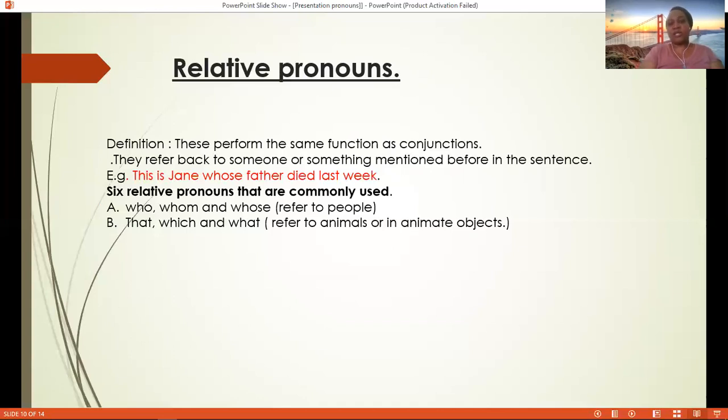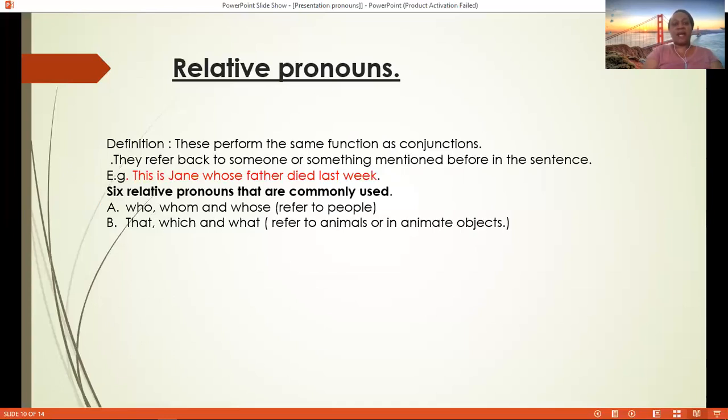Let's look at those which refer to people first. Who, whom, and whose. Those relative pronouns are usually used to refer to people. And those which refer to animals or inanimate objects: that, which, and what.